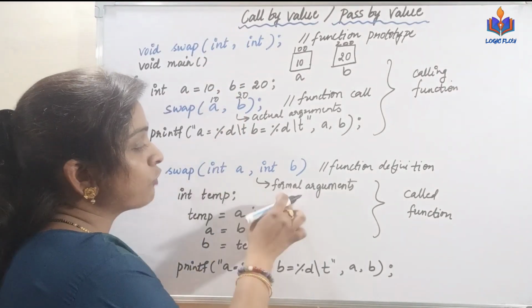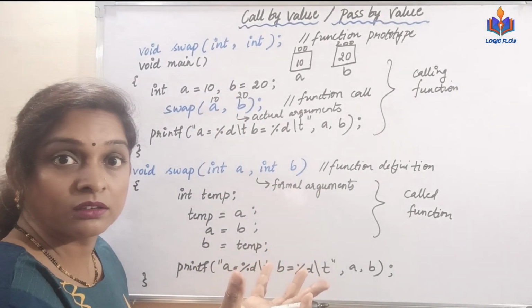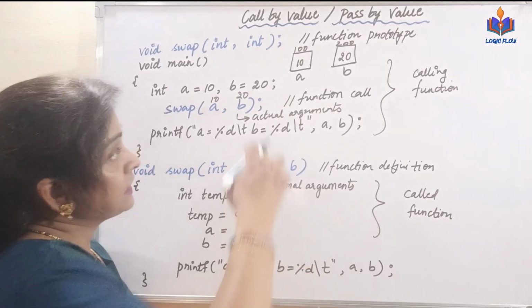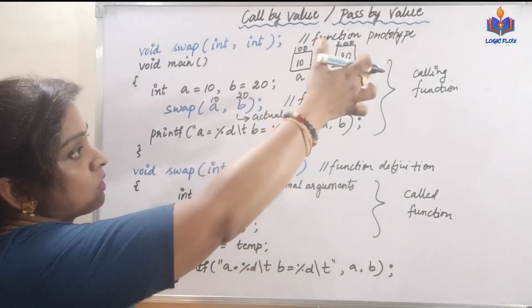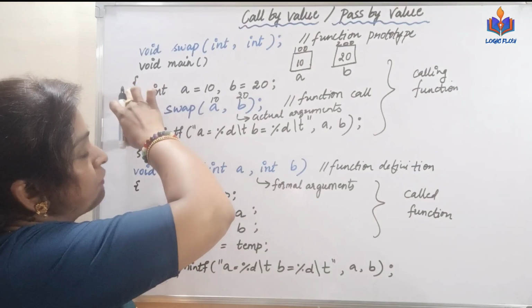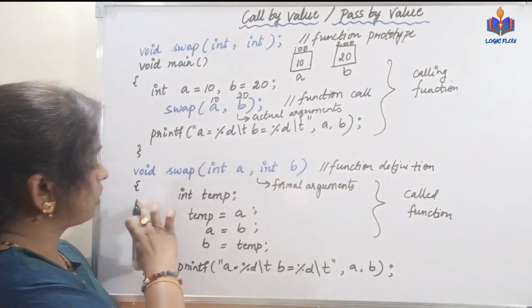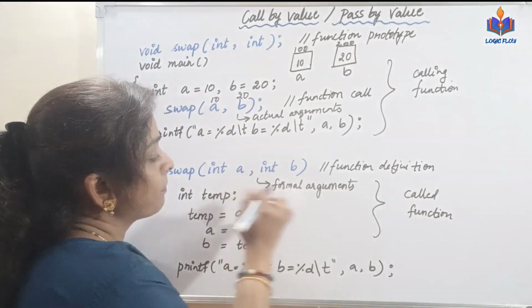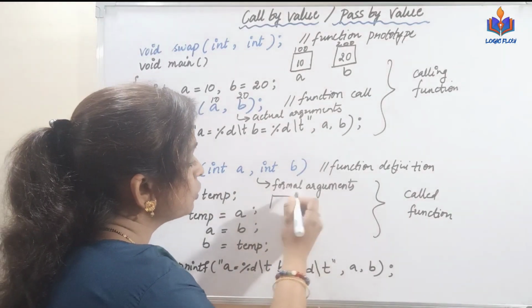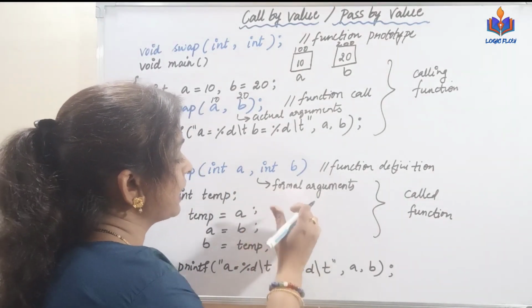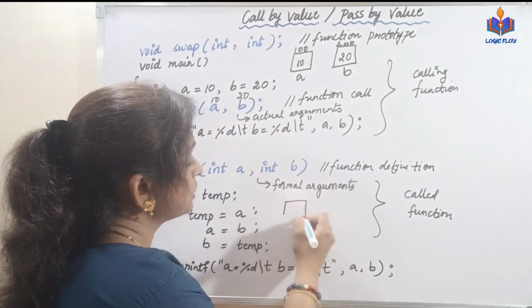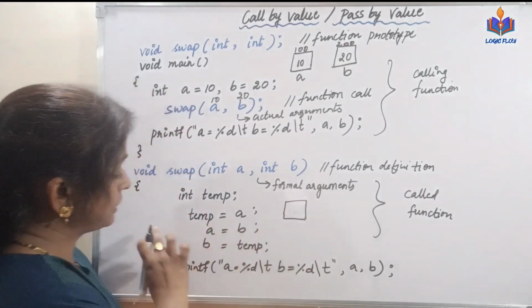Now I have the formal arguments A and B again. Don't get confused. A and B are local to the calling function, that is the main function, and A and B are local to this subfunction, which means the compiler is going to allocate new memory for this A and B. So A and B are new variables of this subfunction.